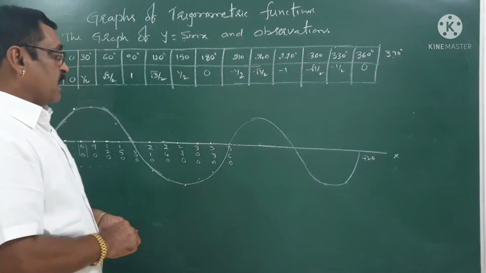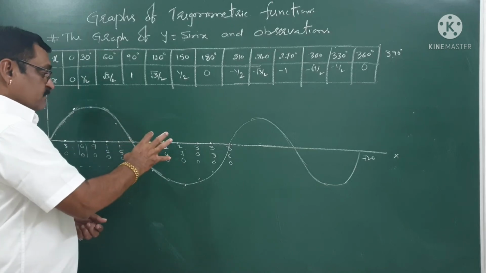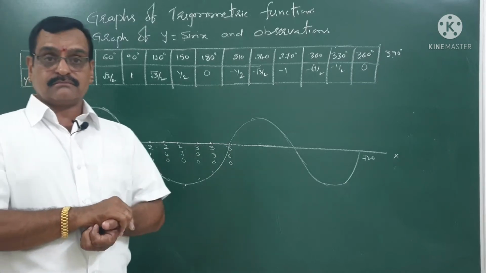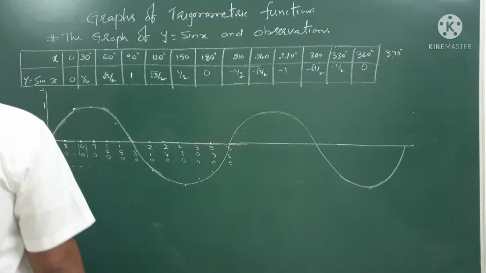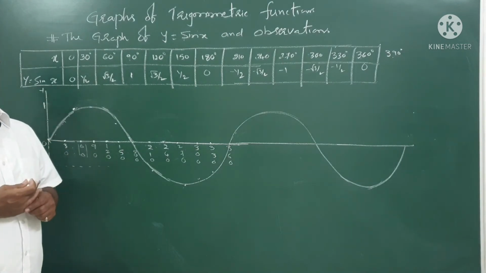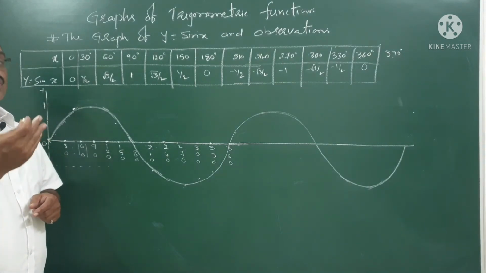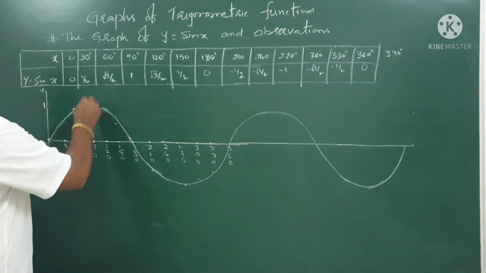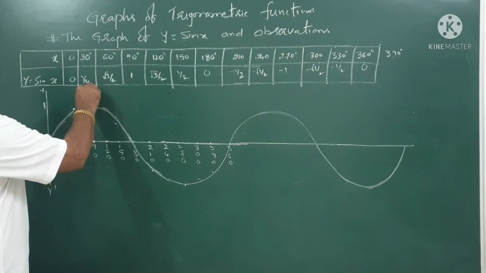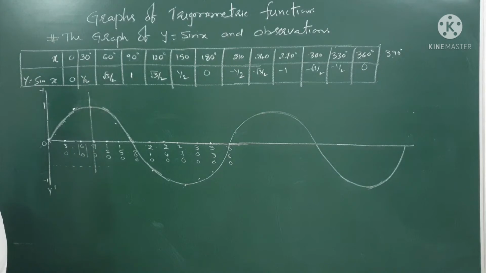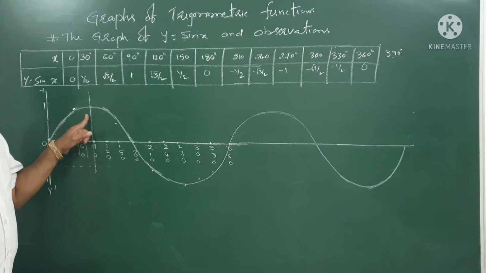Okay, after drawing the graph, what are the observations we made? What is the nature of the graph in different quadrants? If we observe carefully, the angle 0 to 90 means first quadrant. In the first quadrant, my sine graph is increasing from 0 to 1.